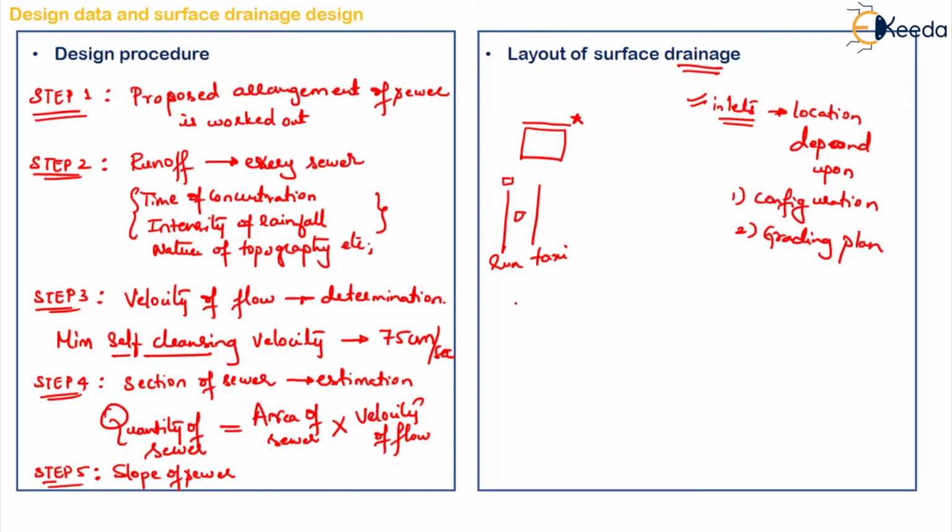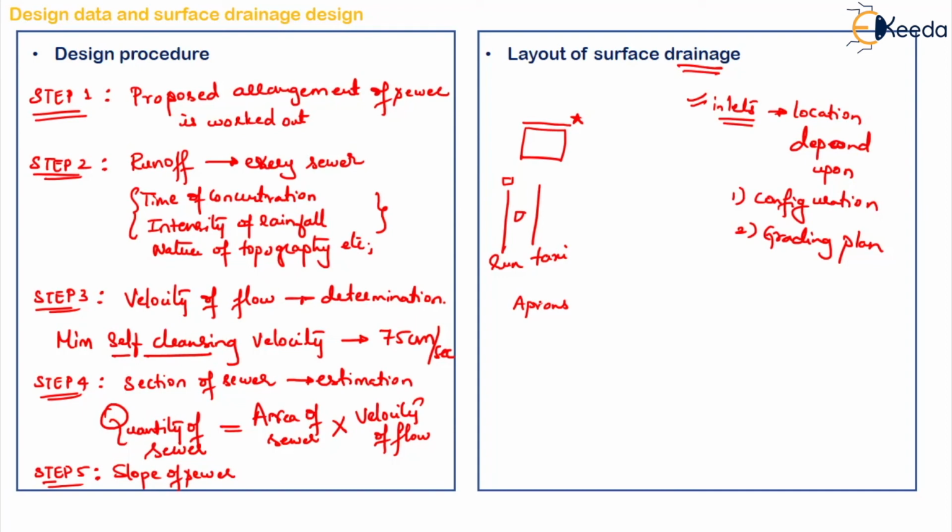Then when it comes to the apron, the inlets are generally placed in the paved area, as there is no other way to drain a large area. However, all gratings should be securely fastened to the frame so that they will not become loose when the traffic is passing on it. Right.